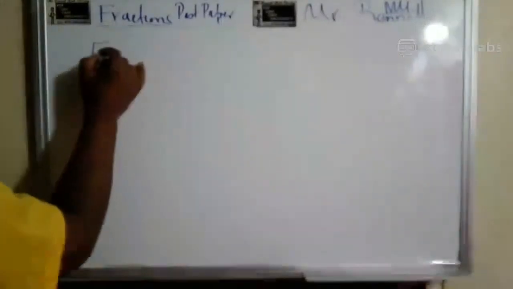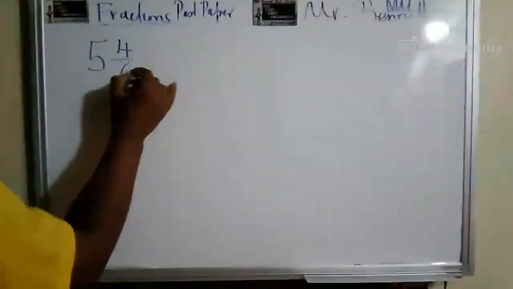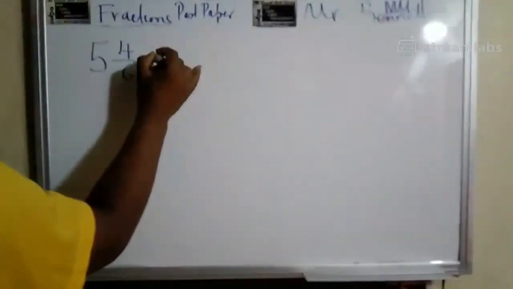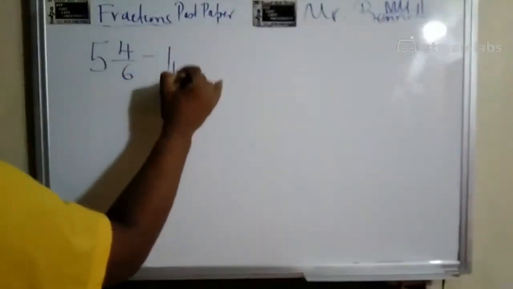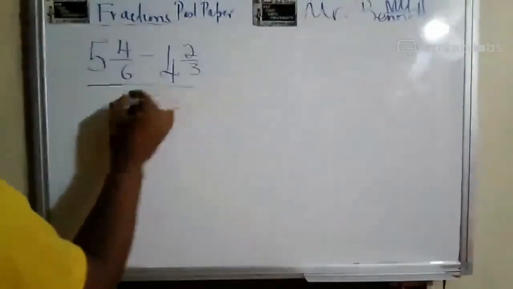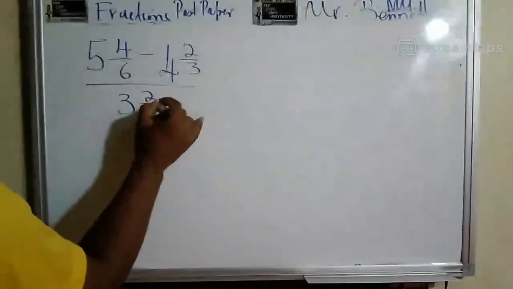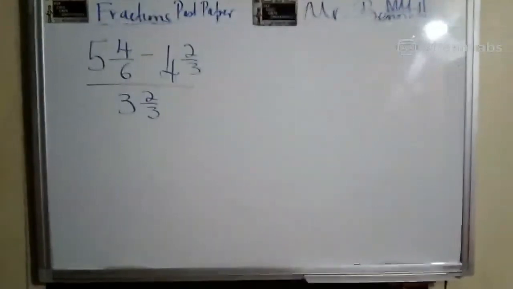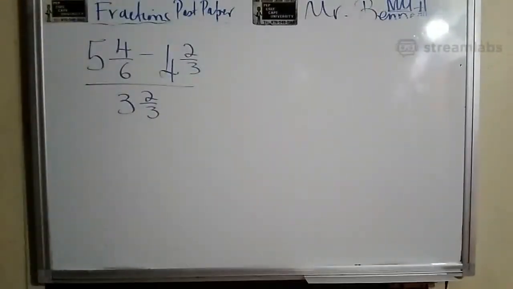So it's 5 and 4 over 6 minus 4 and 2/3 divided by 3 and 2/3.